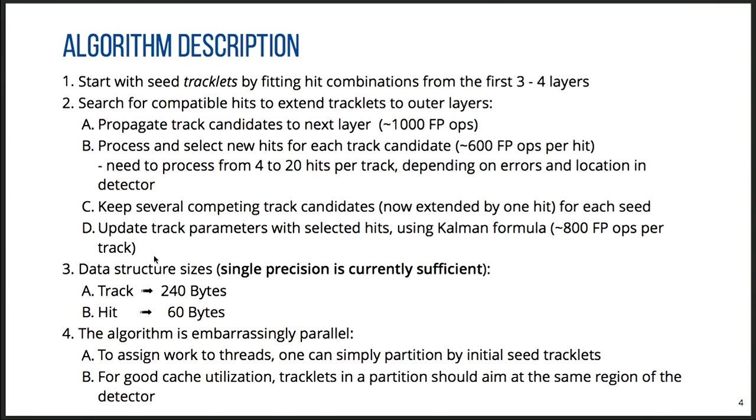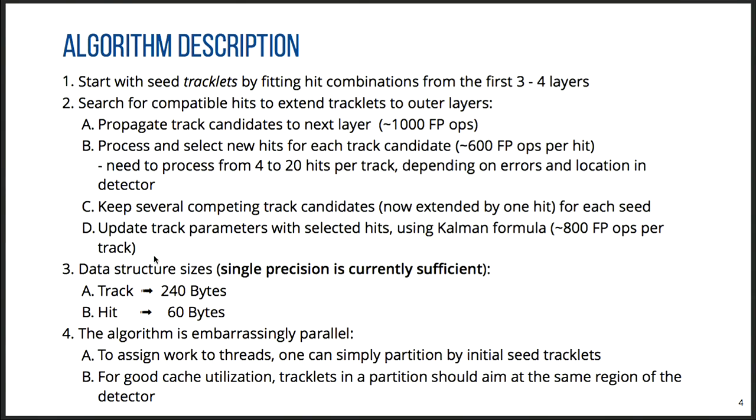You take that seed and propagate to the next layer, figure out what the compatible hits are, and then, in a naive implementation, you pick the best one, or you pick, for example, the 3 best ones for that particular seed tracklet. Then you propagate to the next layer, and again pick the 3 best ones for that particular initial track.